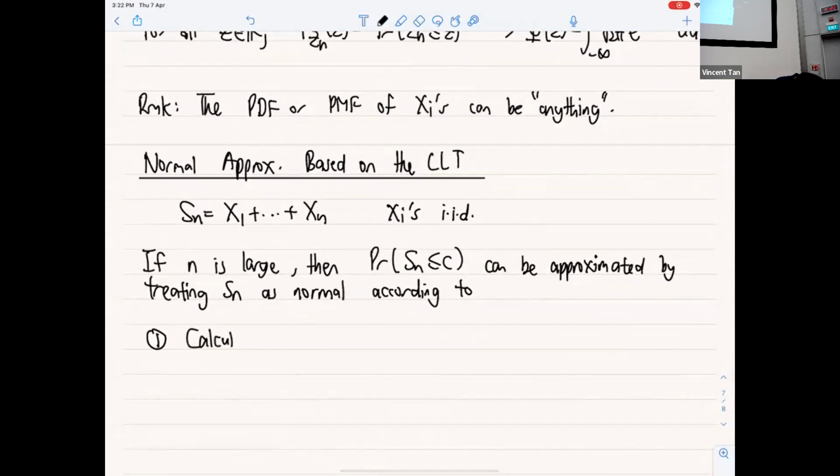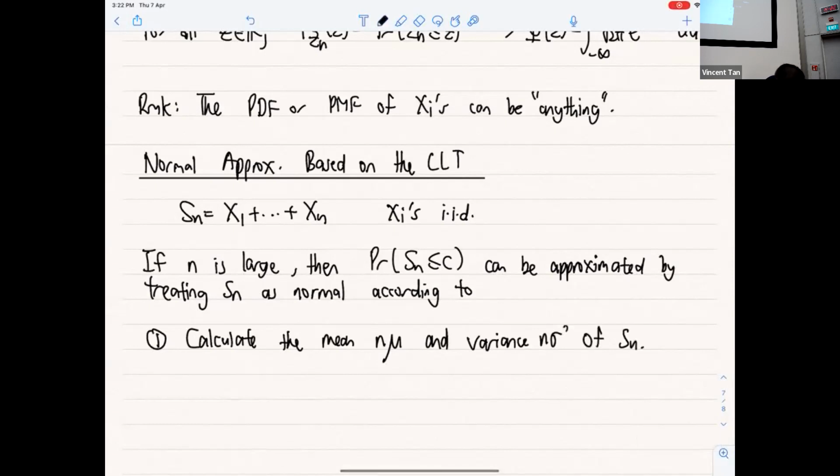Calculate the mean mu and variance sigma squared of Sn. Okay, so those are the mean and the variance.